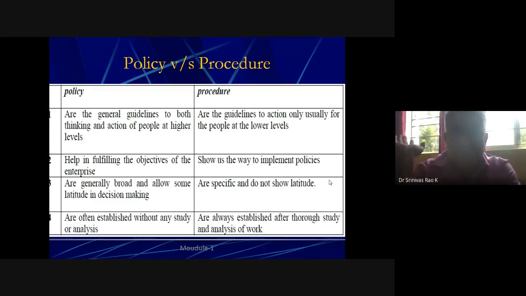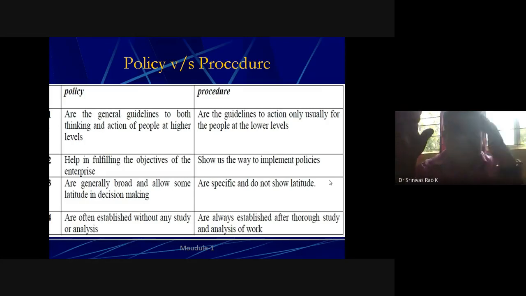Procedures include everything. Doctors, based on that policy, will make a procedure. I will set the oxygen level here, I will check it, and the ventilator should be kept at such and such voltage. All that will be part of the procedure. But the policy will not say how much voltage to set or how many ventilators to set. So there is a difference.